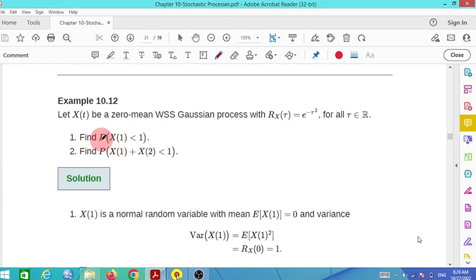Find the probability that Xt1 is less than 1, and the probability that the sum of the values at t1 and t2 is less than 1.